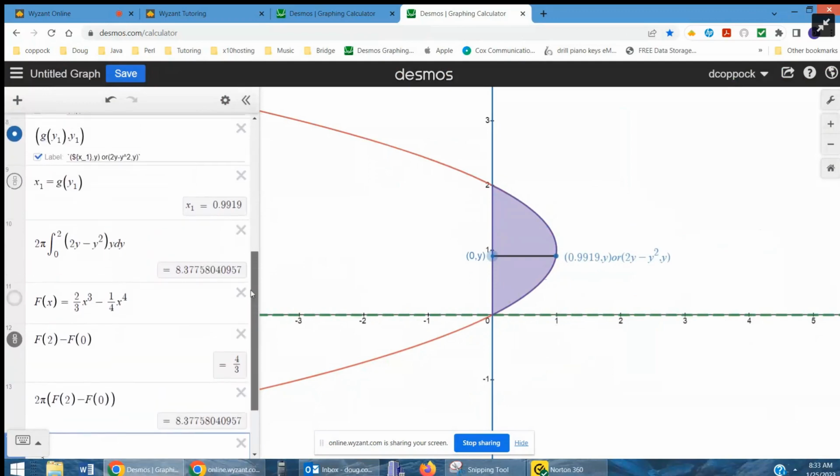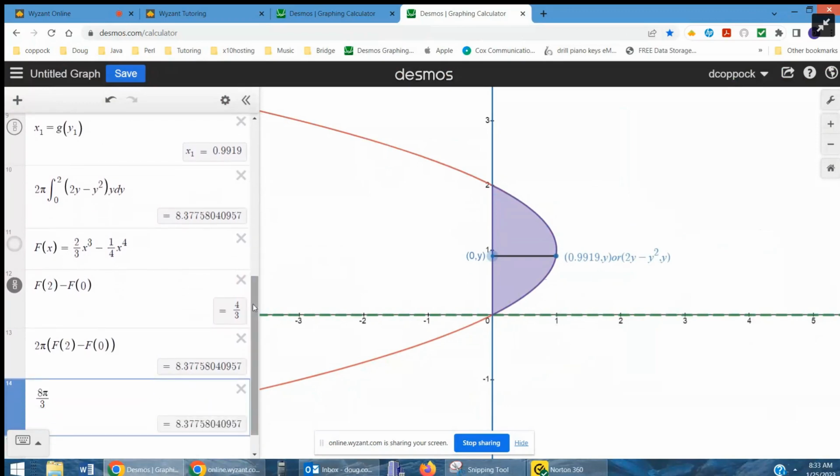And here are the values. There's 2 pi times the integral from 0 to 2. If I form the antiderivative like I did on the whiteboard, we can see that f of 2 minus f of 0 is 4/3. I multiply that by 2 pi. I get 8 pi over 3. So there's your exact answer right there, 8 pi over 3.